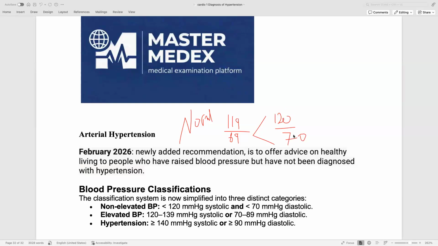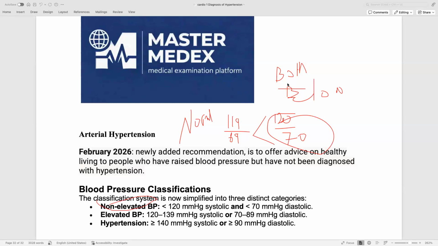Both figures should be below this cutoff point. Both should be below these figures to say a non-elevated or normal.